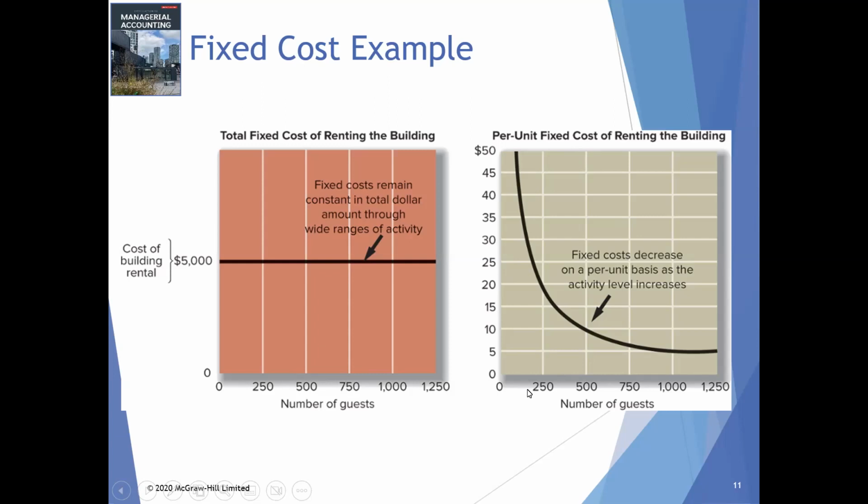If the clients are increasing, then again the cost per unit will be reduced, $20 per unit fixed cost of renting a building. As the number of guests increases, the cost per unit is going down. Per client, per guest, per customer will go down, right? So there is the variability here.